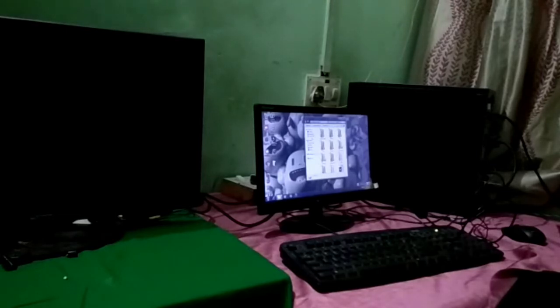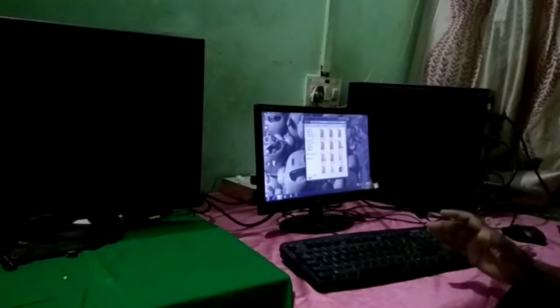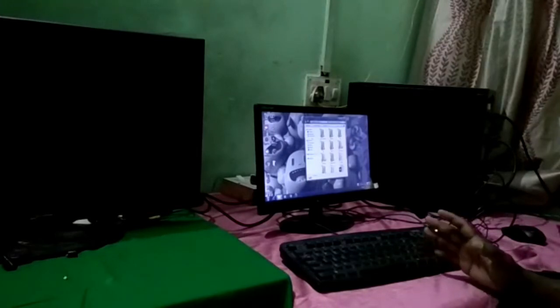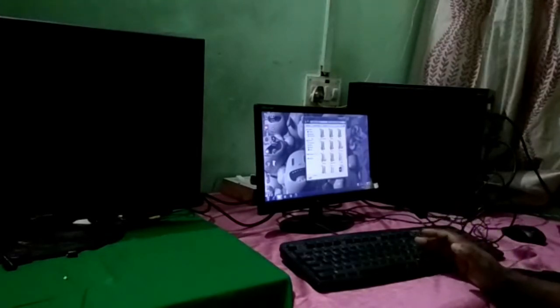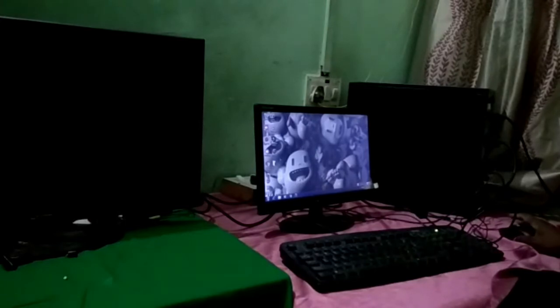That is computer in simple words. Now, basically, we have two parts of computer system. First one, we have the hardware and software. Now, let us see hardware.